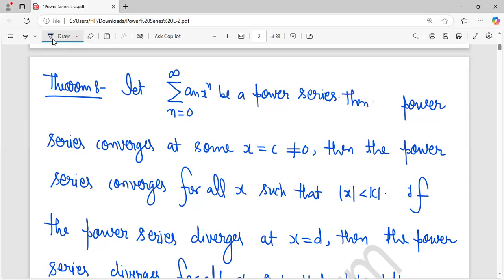I am calling part A: if the power series converges at this point, and the second one we are calling part B. So let's prove it.